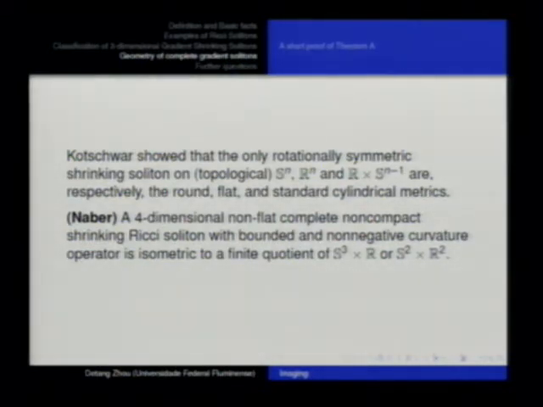Actually, it was proved several years ago. If you know the trick of Böhm-Wilking and the proof of the differentiable sphere theorem of Brendle and Schoen, this result can be proved another way, maybe simpler, because you're assuming the non-negative curvature operator.